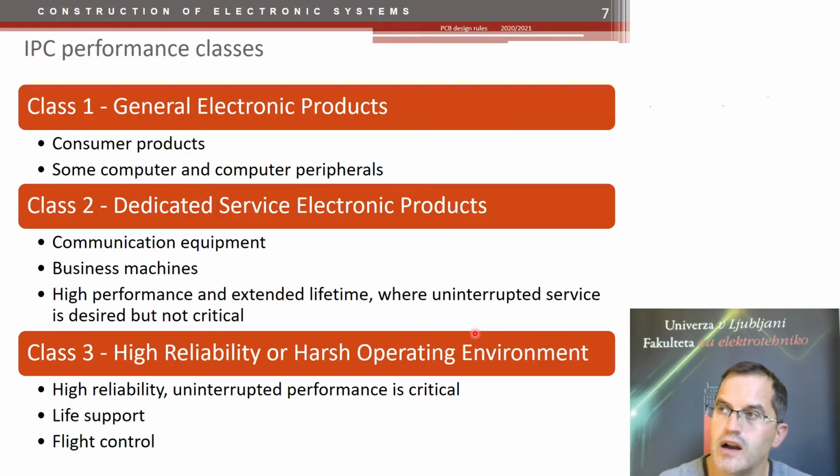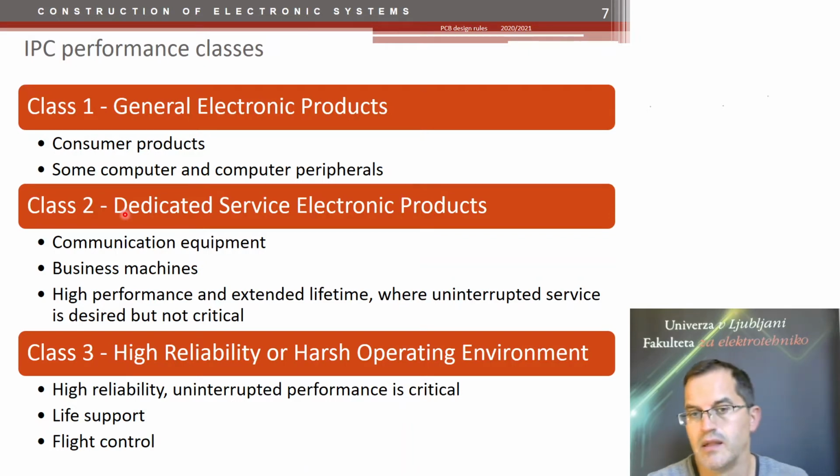And you can either choose it as a general electronic product, which would then fall within the class 1. And maybe it is a dedicated service electronic product, which is actually the device that runs 24/7 as a server or communication devices that are high performance, but the life of people are not dependent directly on them.